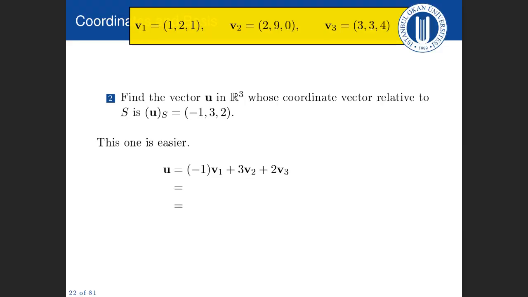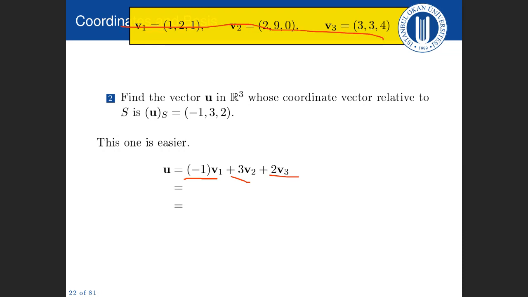Question 2 was one which goes in the opposite direction. We're told the coordinate vector relative to S is -1, 3, 2, and we want to find the actual vector u. And it's easier to go this way. Why? Because -1, 3, 2 means that the vector u that we want is -1 v1 plus 3 v2 plus 2 v3.